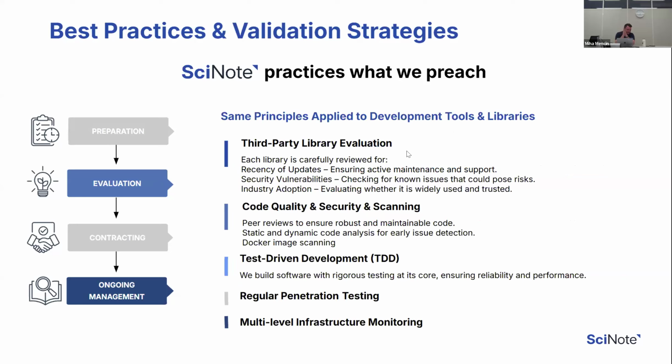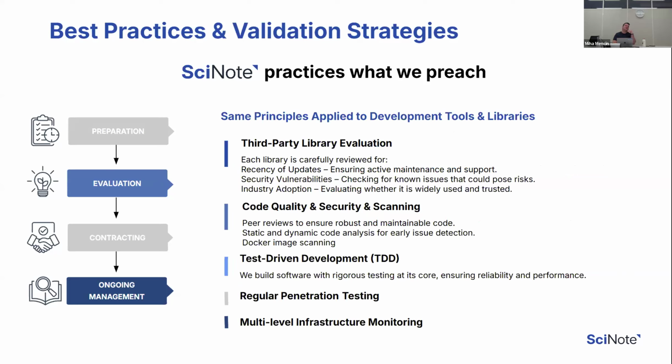So this is a bit development specific, but I think it needs to be said just to show that this is really our commitment. We do the same thing with vendors as we do with development libraries and the development tools we're using. We're evaluating each library we're using.